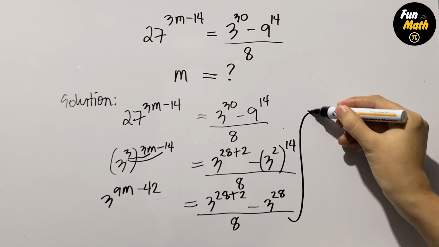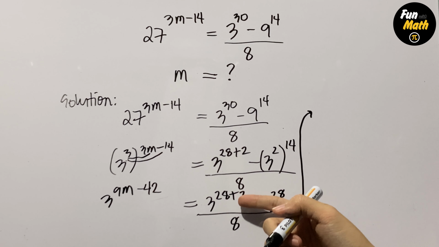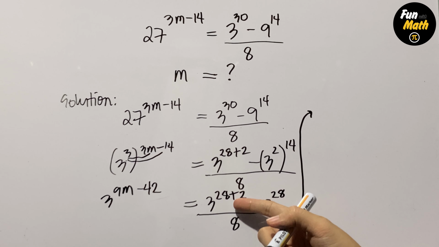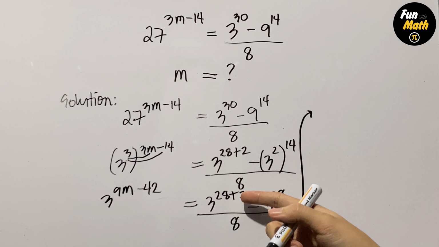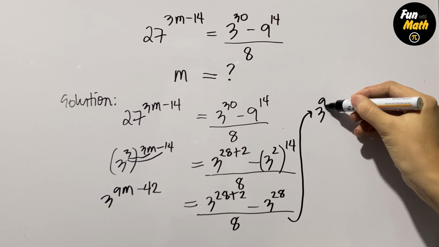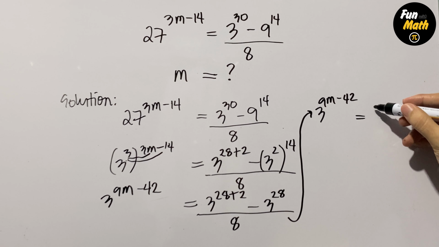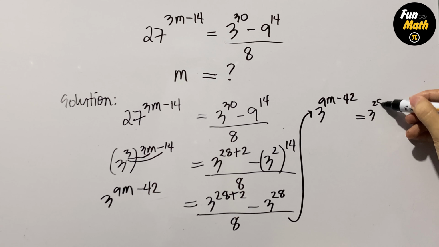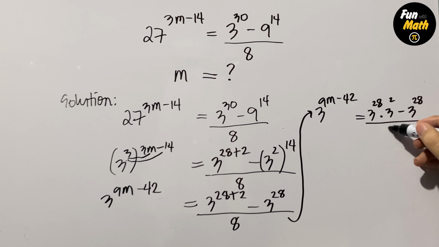And then next, for this part, 3 to the power of 28 plus 2, we are going to follow a rule that we need to separate a base and a power. So that is 3 to the power of 9m minus 42 equals 3 to the power of 28 times 3 to the power of 2 minus 3 to the power of 28 all over 8.